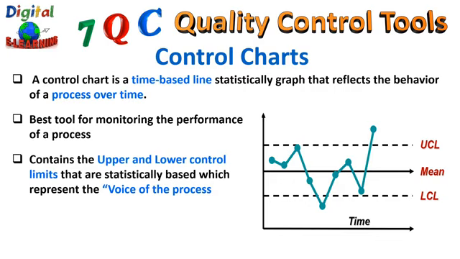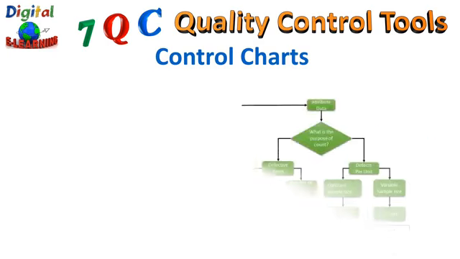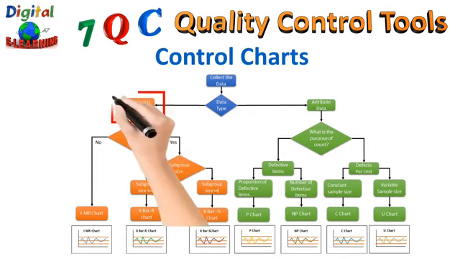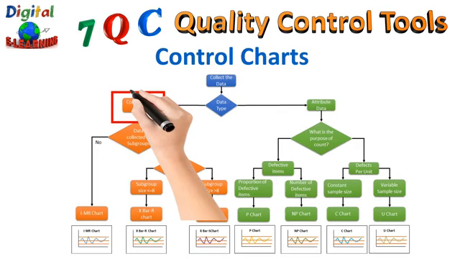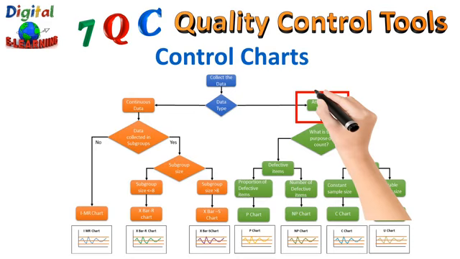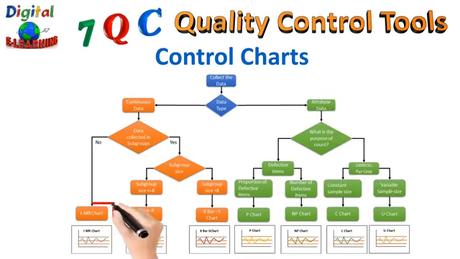If you talk about the different types of control charts, they are basically classified into two categories broadly, depending upon the type of data you have. If your data is continuous, that means it can be measured on a continuous scale like a thermometer, weighing scale, or tape. And if it's attribute data, that can be counted, like good or defective parts.